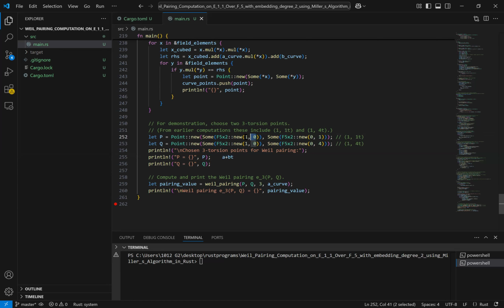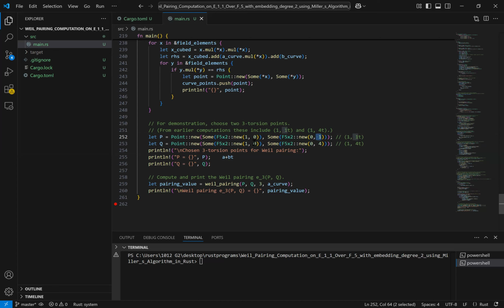That's why I've entered 1, 0, because it's supposed to be 1 plus BT. That is the X value. And the Y value you can see is just 1T, and it's supposed to be A plus BT. So it means A is 0, but B is 1. You can see where I'm highlighting: A is 0 and B is 1.